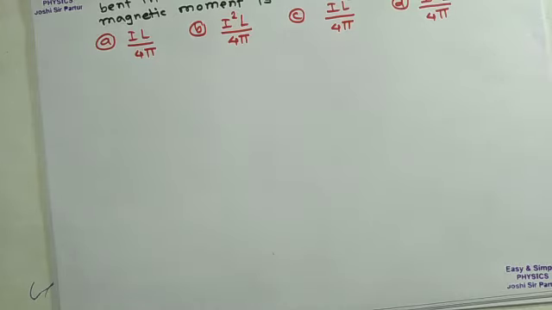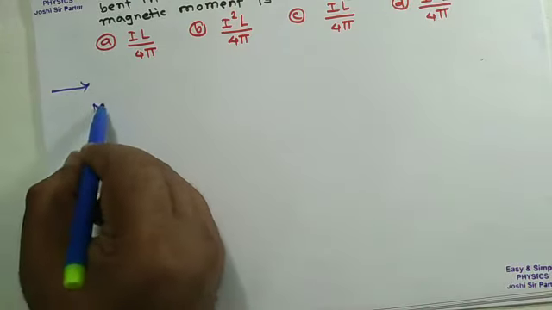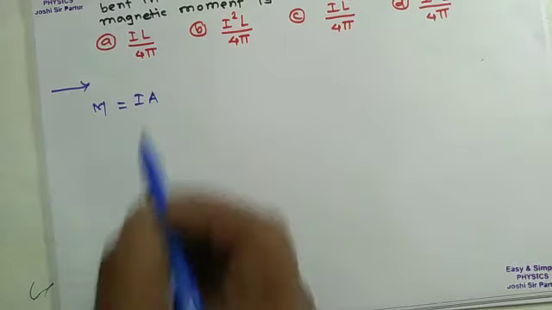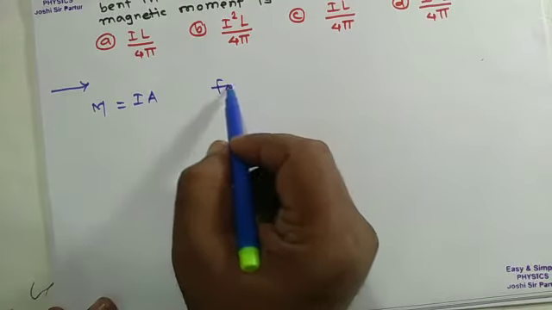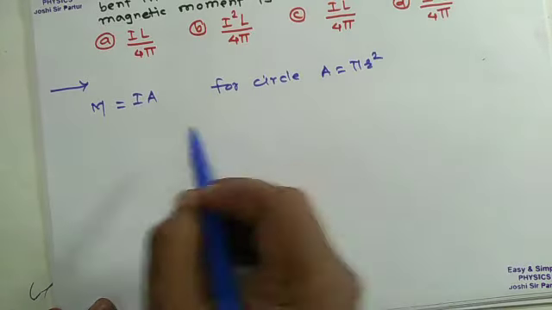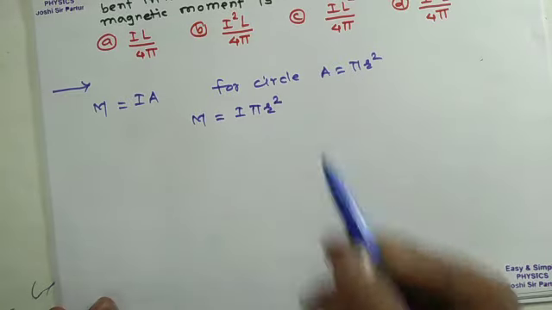So here, for a circular loop, we know that magnetic moment will be IA, where I is current and A is area. Here, for a circle, A equals pi r square. So magnetic moment will be I pi r square.